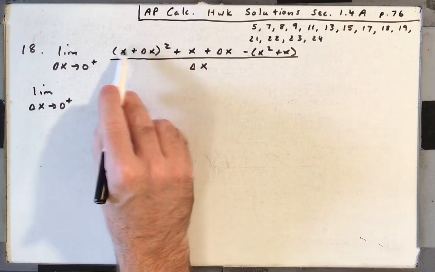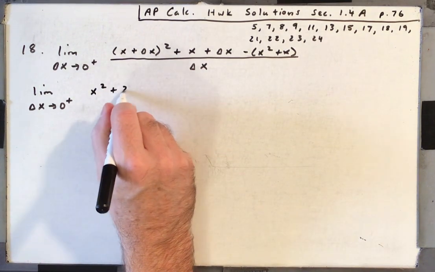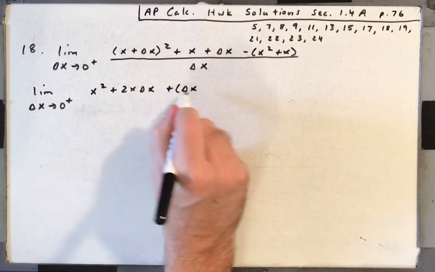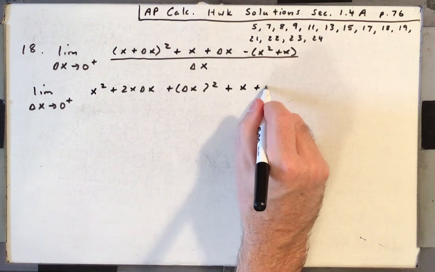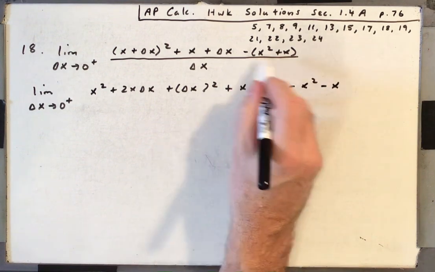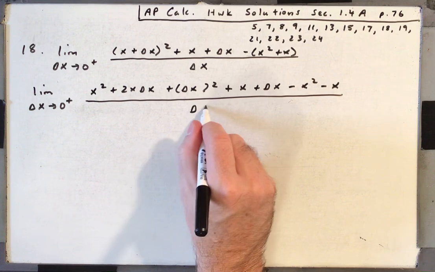If we FOIL that out, write it twice, you would end up with x squared plus 2x delta x plus delta x all squared, plus x plus delta x minus x squared minus x. So I'm distributing the x there, all over delta x.